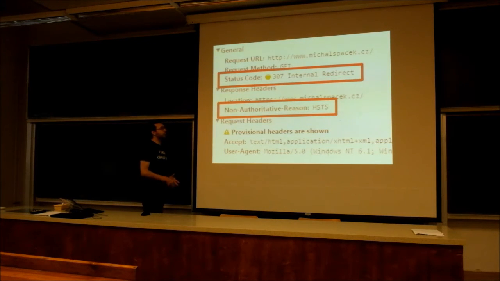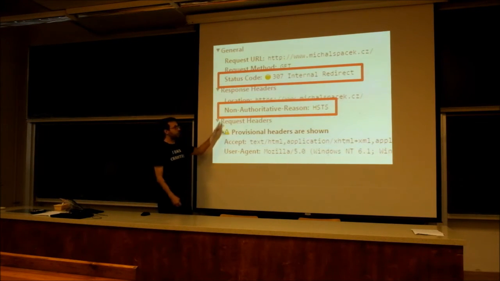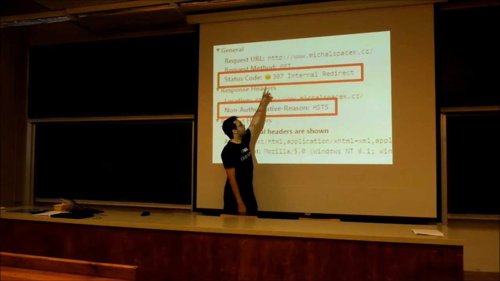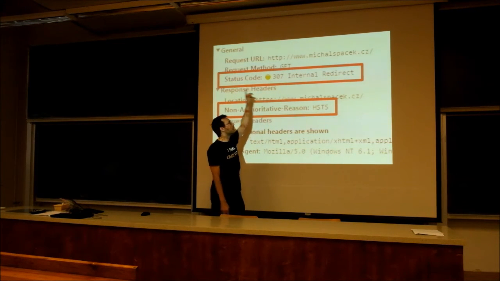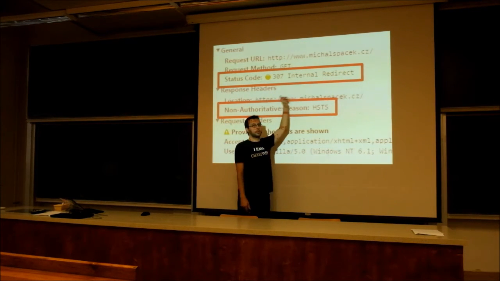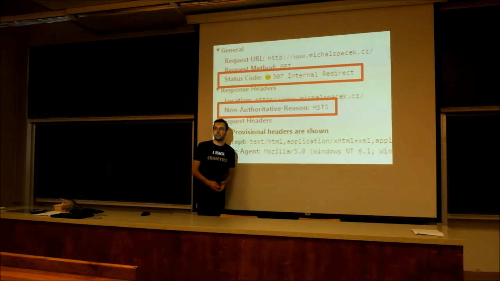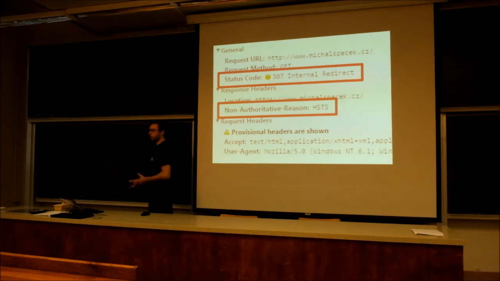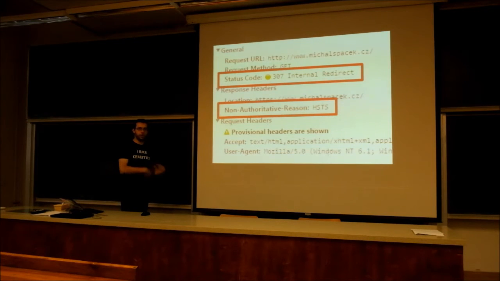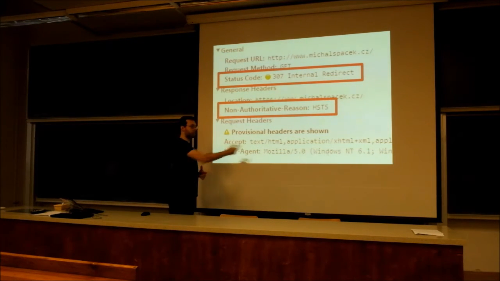So you can see the HSTS in the browser, and in Chrome it says that the status code of the original request, which is HTTP, not HTTPS, is that the browser itself will respond to itself with a 307 internal redirect. This is not a server response, this is the internal response of the browser. The browser will send the request, but it will internally redirect itself before actually sending the request to the server.